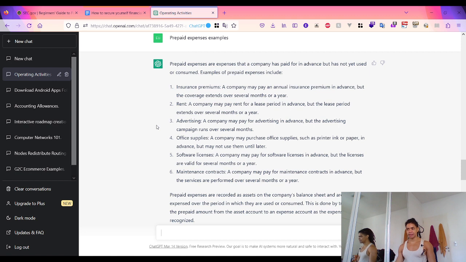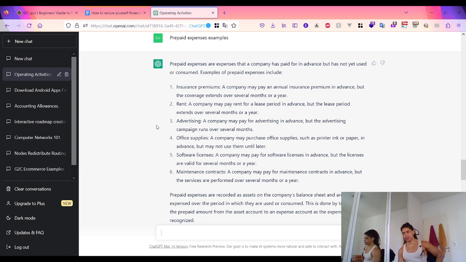Software license and maintenance contract: a company may pay in advance, but the service or license is valid or performed over several months or a year. In any case, this is the most common example according to ChatGPT, prepaid expense.